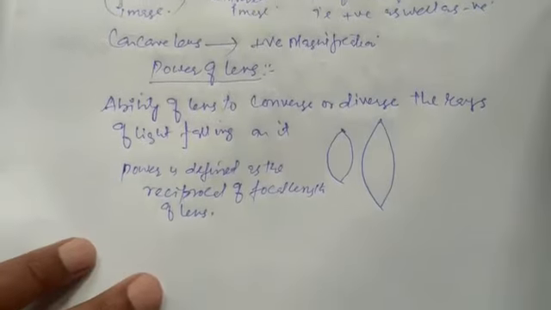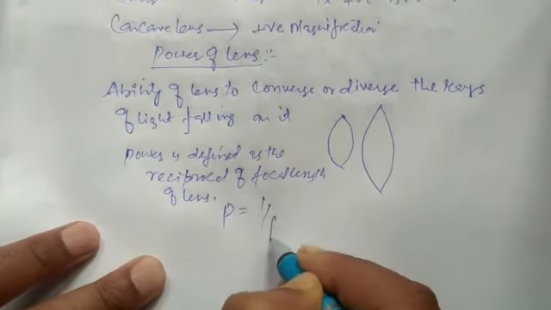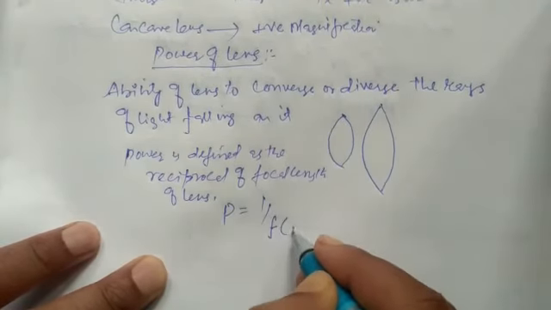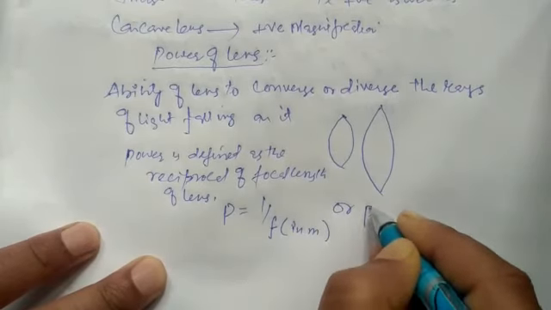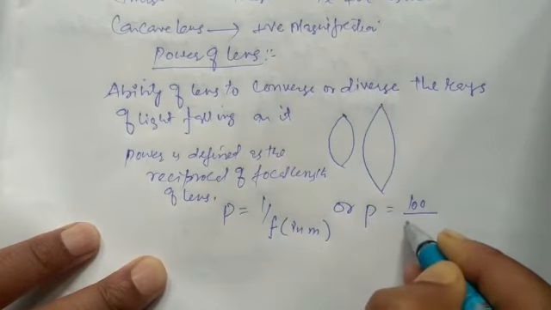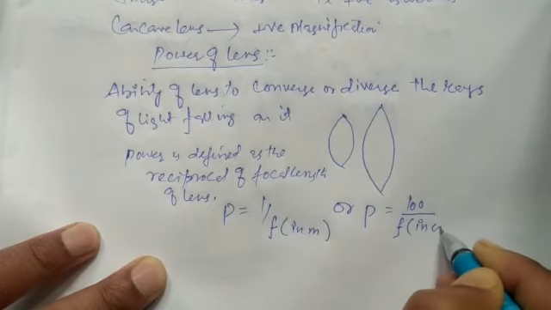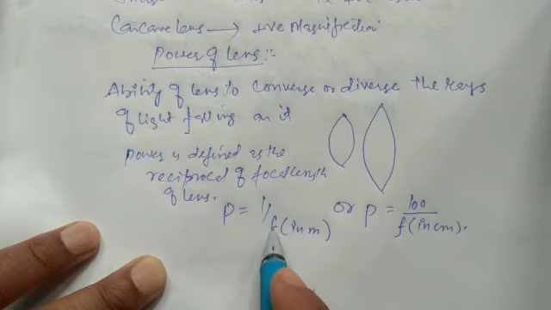So you have to say power is something like P equals 1 over f, once the focal length is in meter, or you can say P equals 100 over f in centimeter. So power is reciprocal of focal length. More focal length, less power. Less focal length, more power.